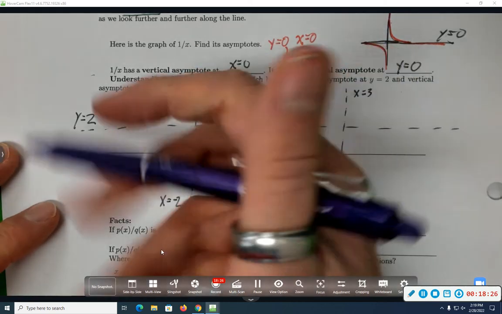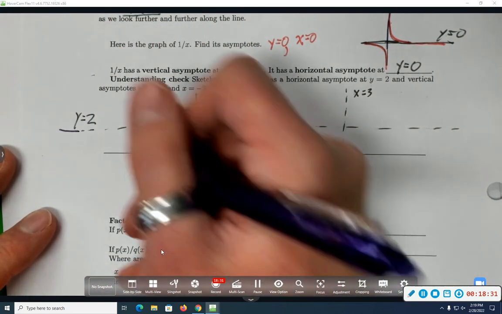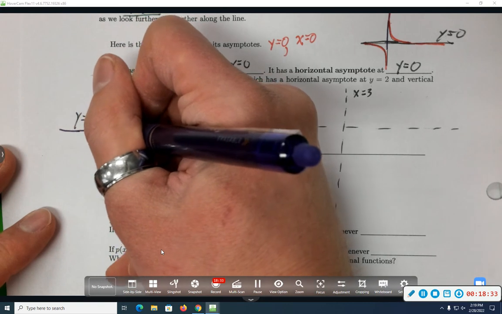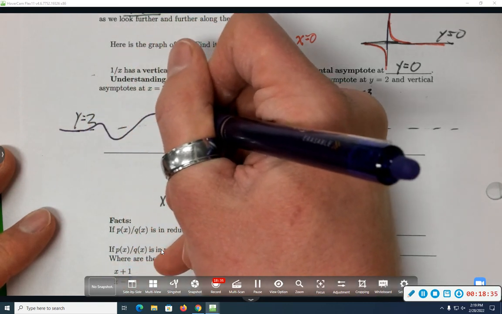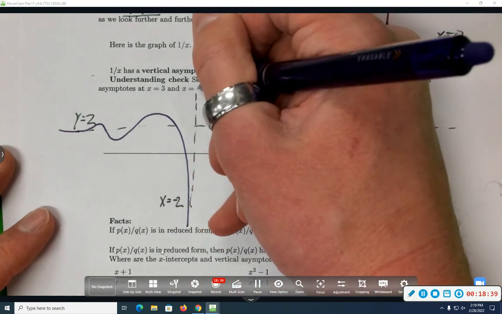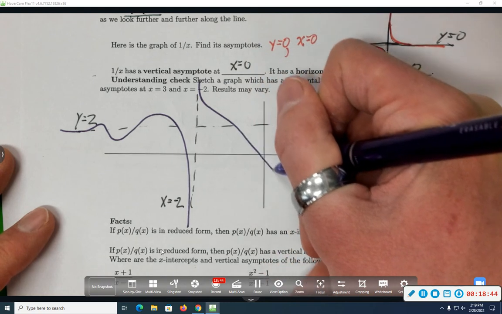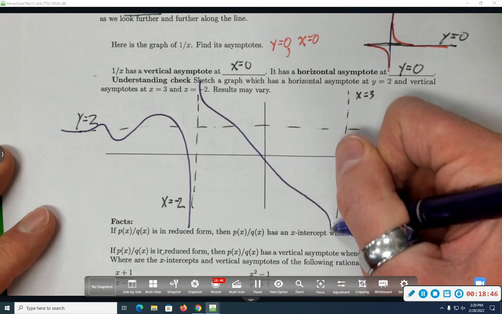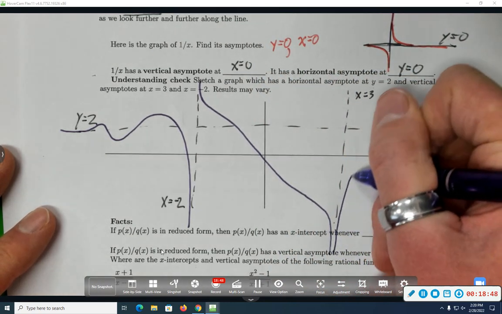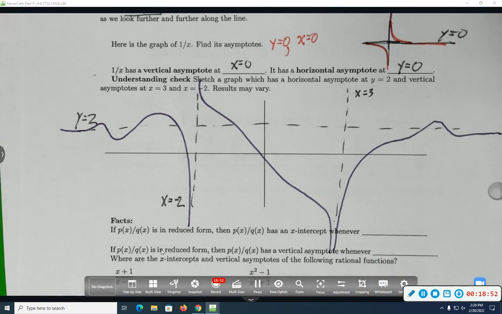I need to get close to this y value, so I should start pretty close to that horizontal asymptote. And maybe it goes up and down some. That's fine. I need to get to that vertical asymptote. So let's get there. And maybe from there I jump up to plus infinity. That's allowed. Cool. There is an example.